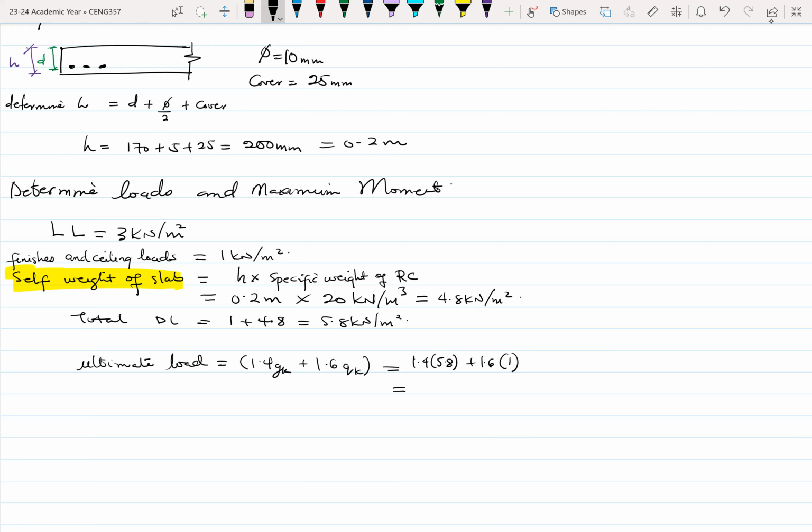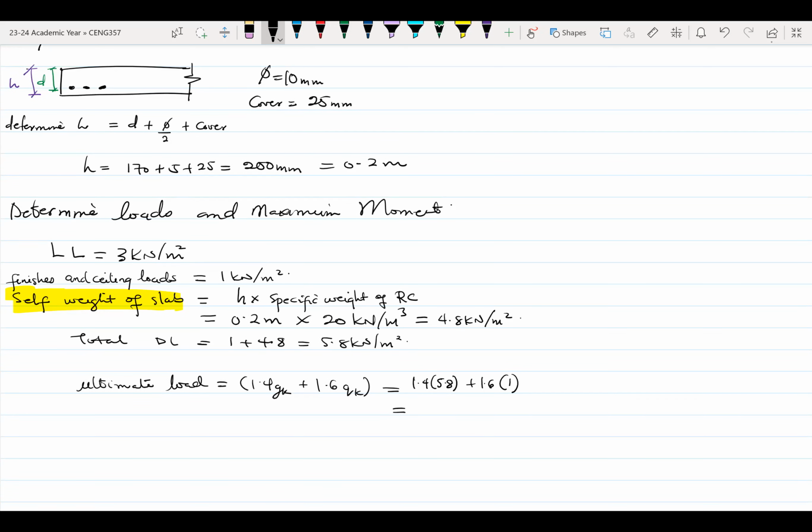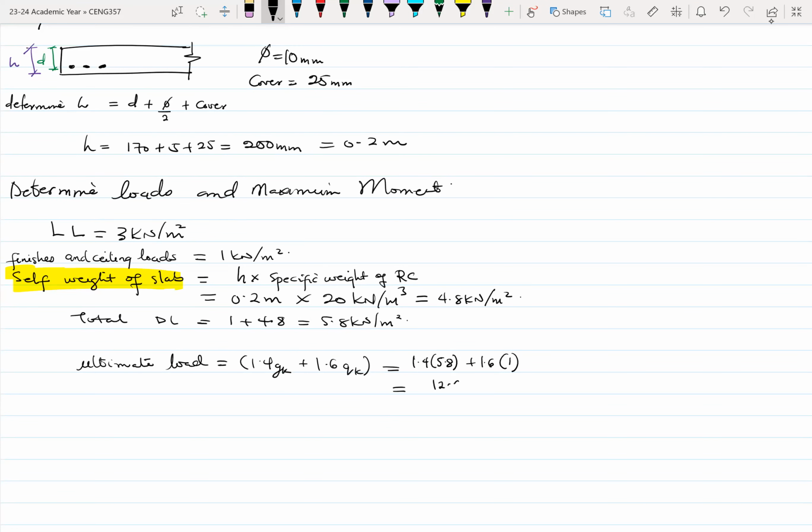And then that would be equal to, am I correct? I'm hoping I'll be correct in the end. Someone can do it for me. I got 12.91 kilonewtons per meter squared. Am I correct?